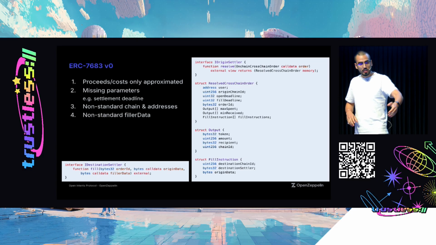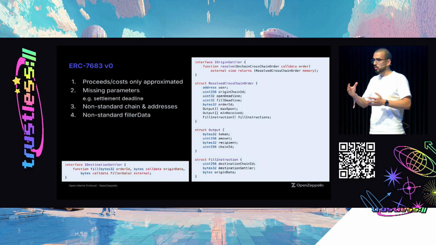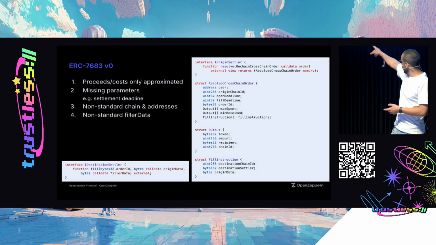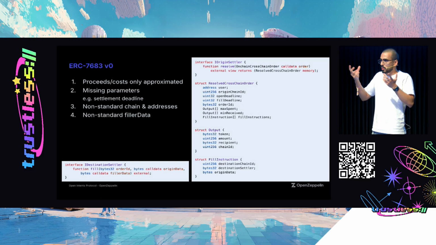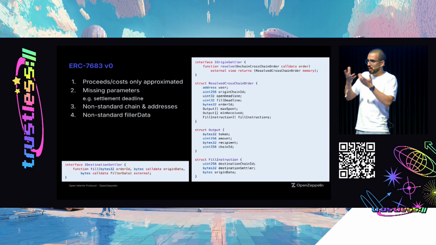And the final one here is that there were some parts of the interface that were under-specified, like this filler data over there. It's just a bytes parameter, and the filler has nowhere to see how to even provide this value.